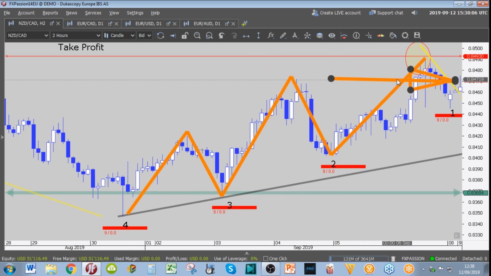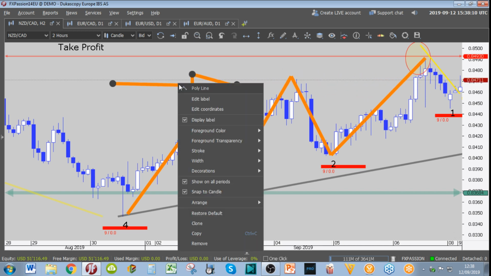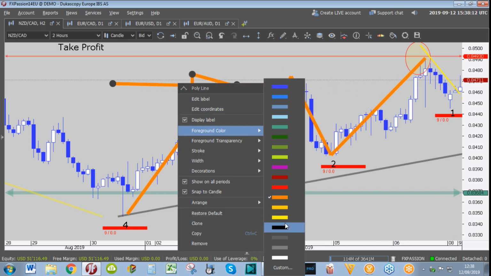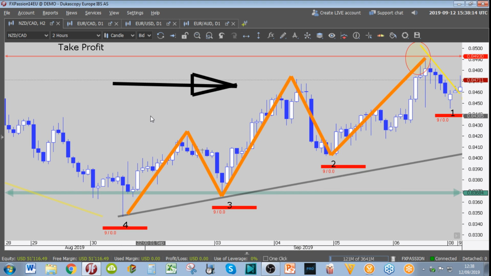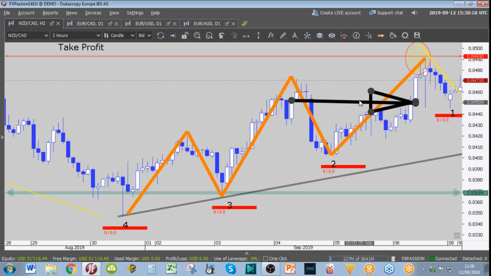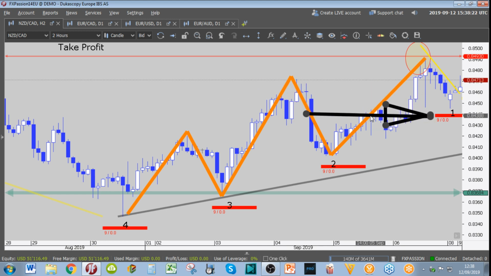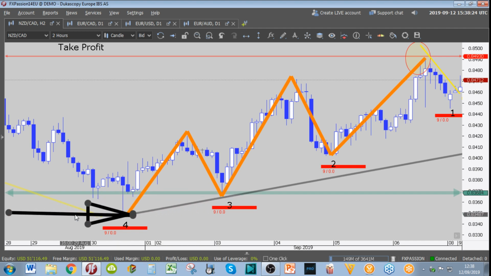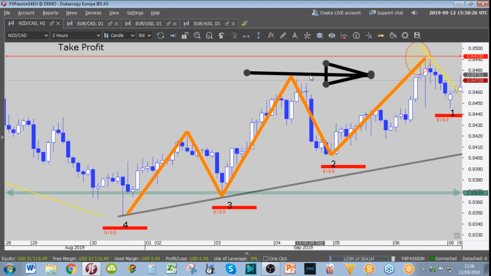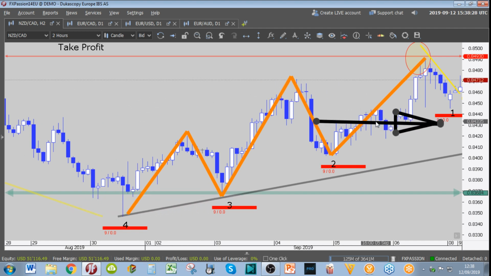We have another entry. Okay, where should the stop loss go and why? What do you think? Should be number 1, should be number 2, should be number 3, should be number 4. Near 1. Okay.